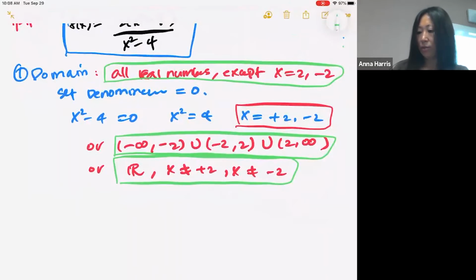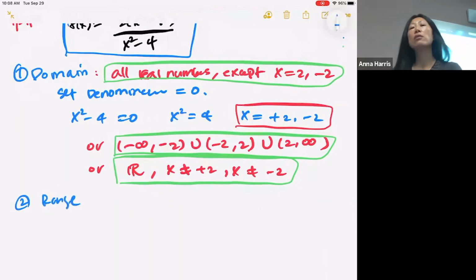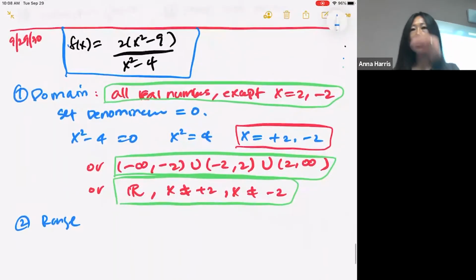Okay, number 2, what do we need to find? Number 2 is find the range. Looking at this, they're asking what range can I not use? Pretty much, I can see you can use all the numbers.